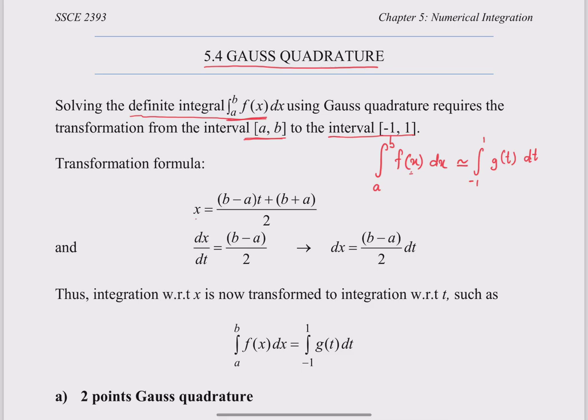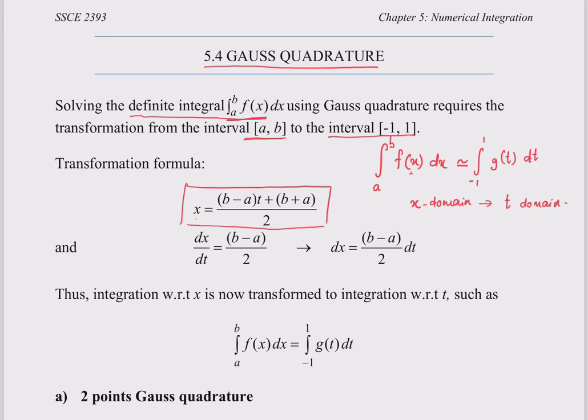On the left hand side here is the x domain, and then you need to transform your function to the t domain by using this transformation formula. x is equal to (b minus a) multiplied by t, plus (b plus a), all of these divided by 2.